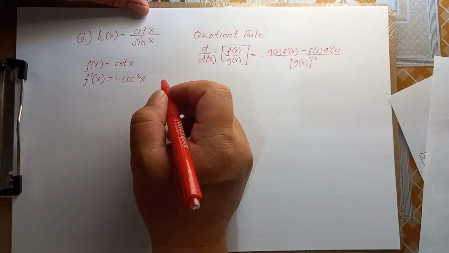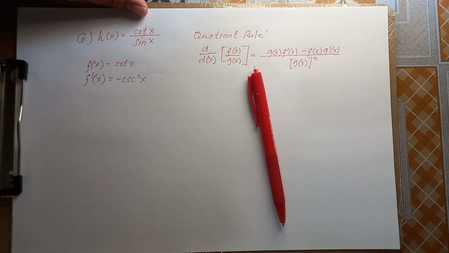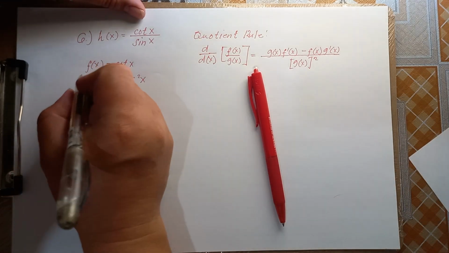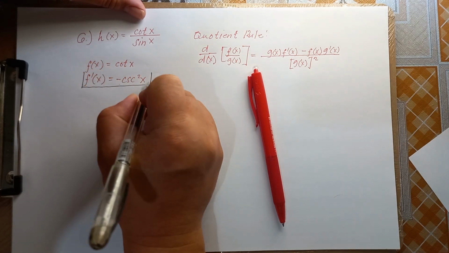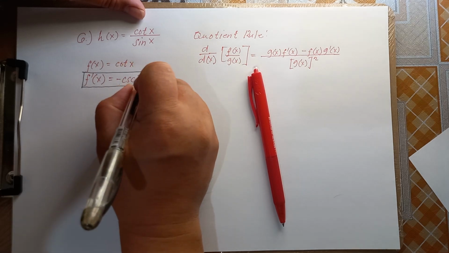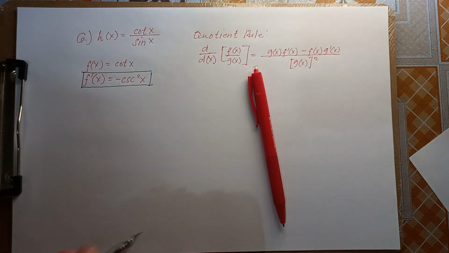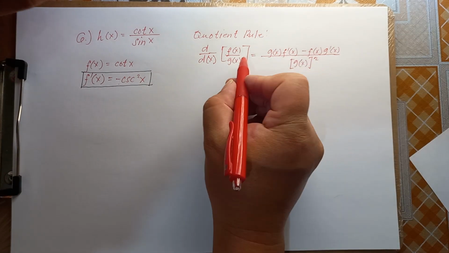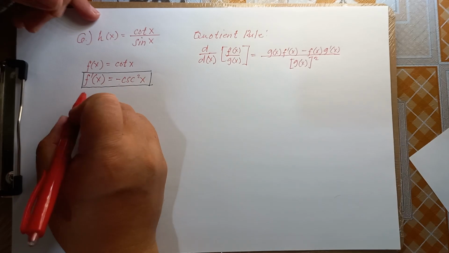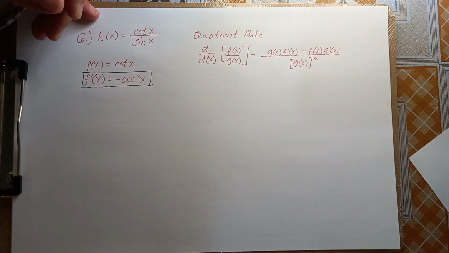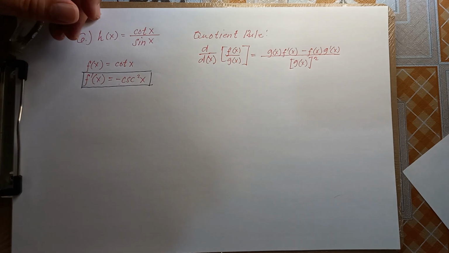So still that is negative cosecant squared x. Okay, so let's try to identify so that we will not be confused. So this is the derivative of f of x. Now another one is we have to identify now our denominator, which is represented by g of x. So our denominator is g of x is equal to sine x.